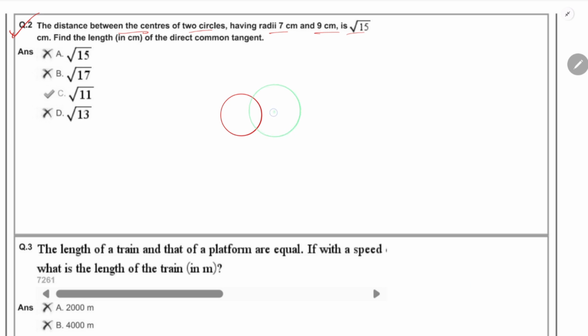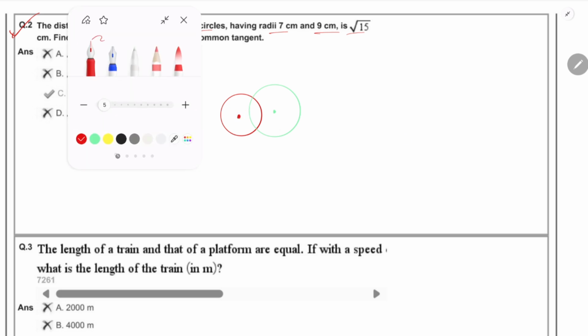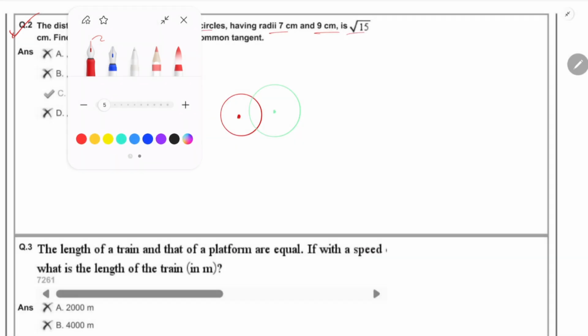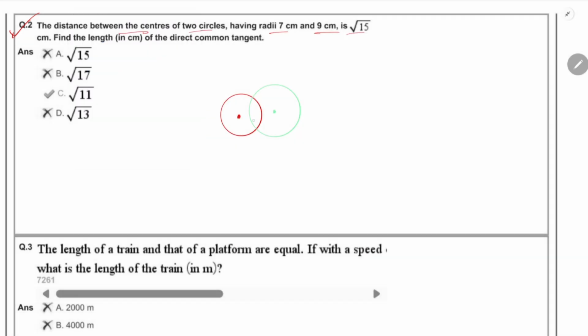Its center is here and the center is here. Now let's connect them.